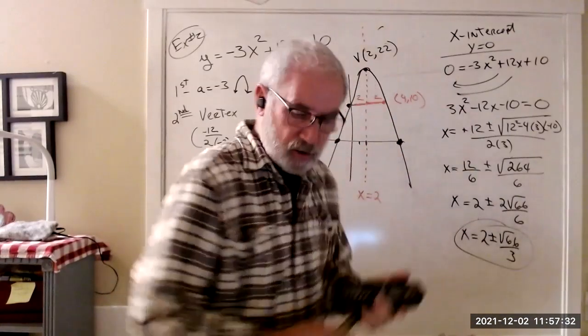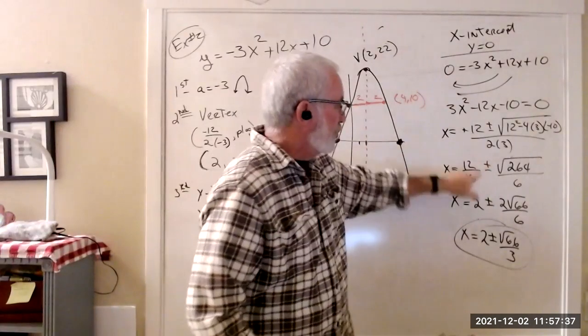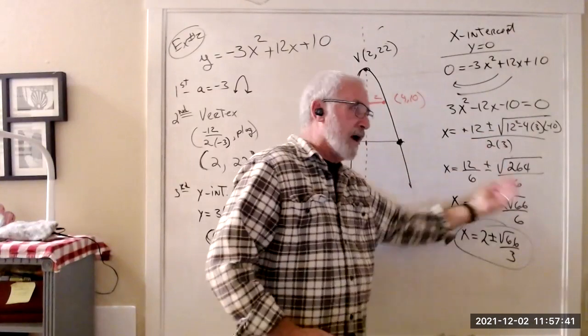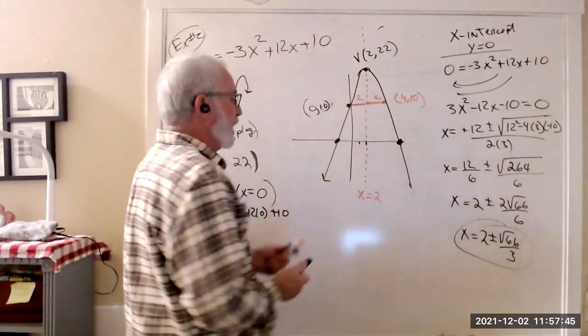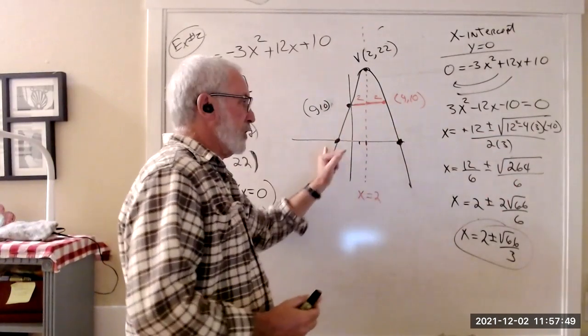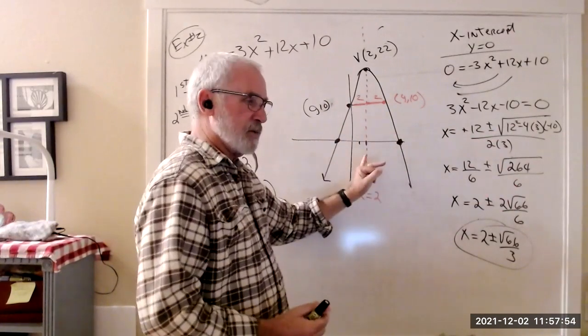Again, notice I separated the answer, we didn't do this in chapter 9. I separated the answer into 2 fractions because I personally like the idea of showing that the 2 x-intercepts are symmetric over that axis of symmetry.